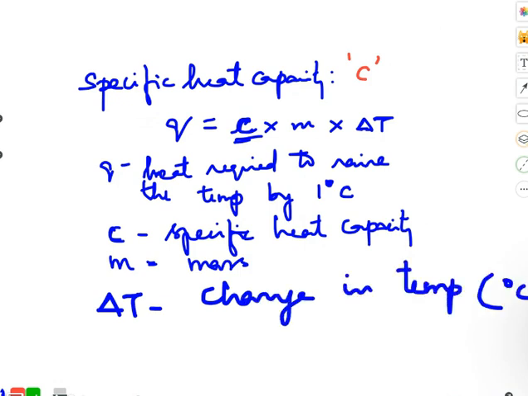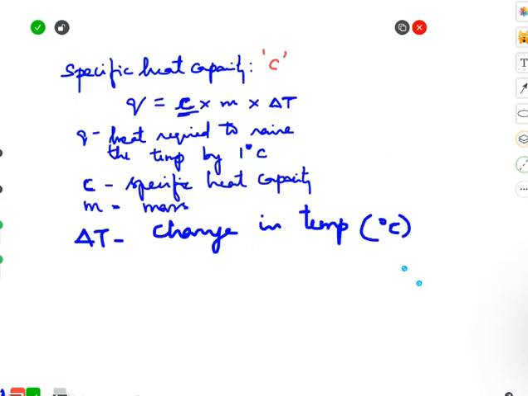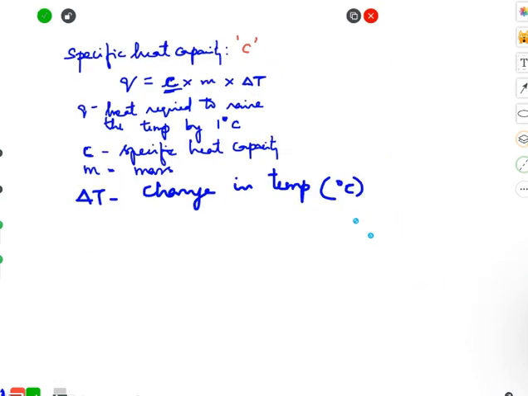Delta T is in degrees Celsius. So then, this is your specific heat capacity.